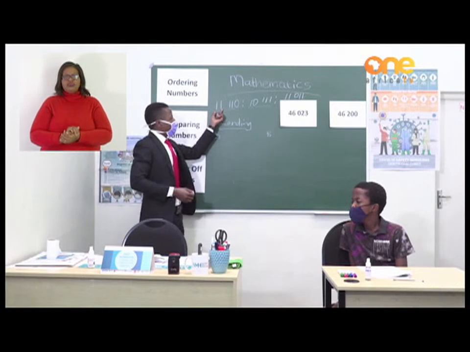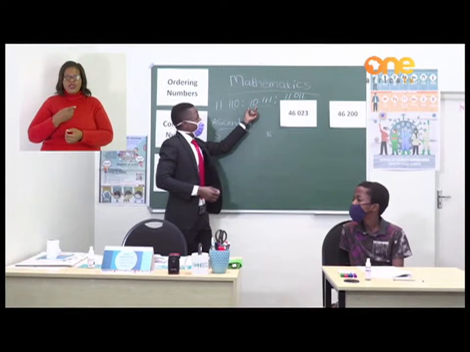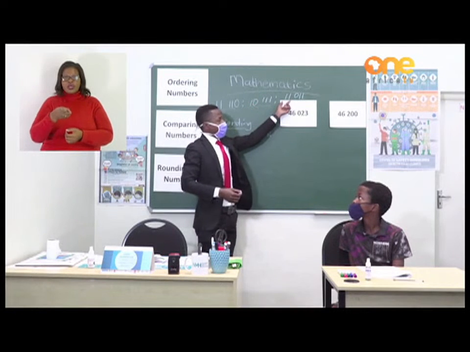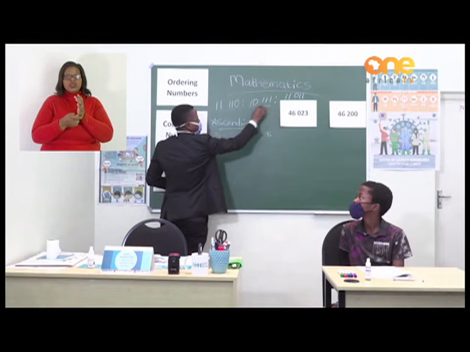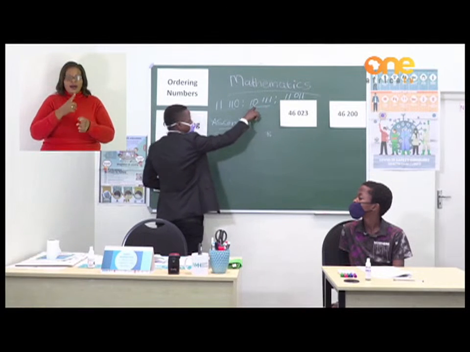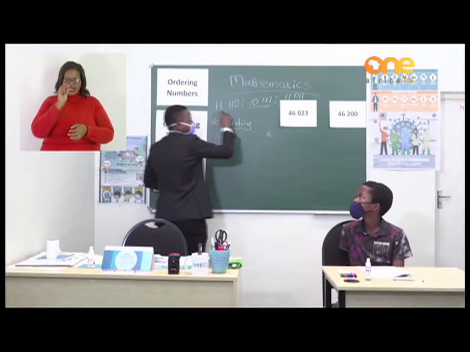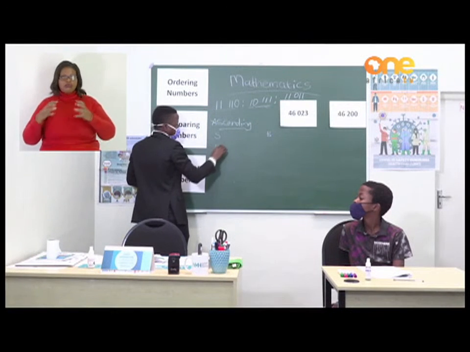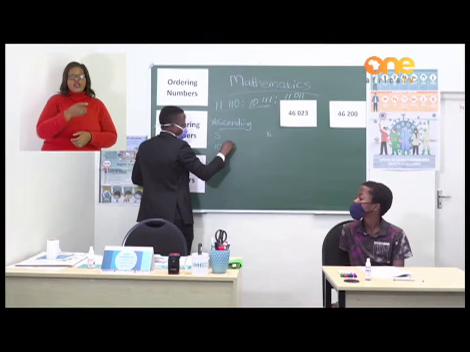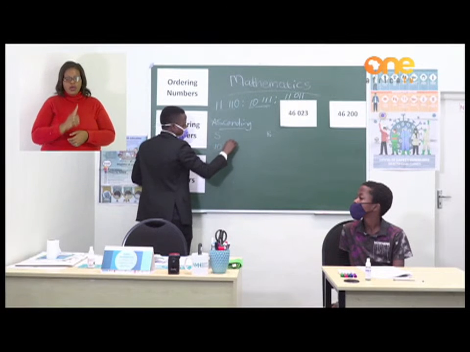Here I'm having 11,000, I have 10,000, I have 11,000. So in that manner, I already know that this number, 10,000, is smaller than 11,000 and 11,000. So I'll start with 10,111.